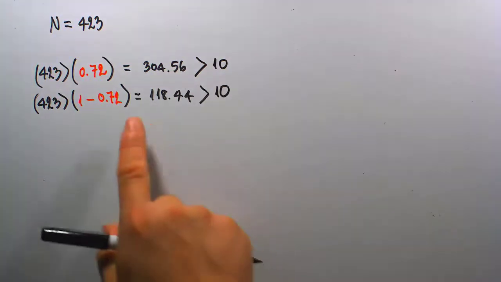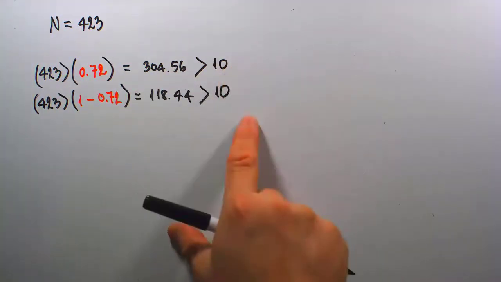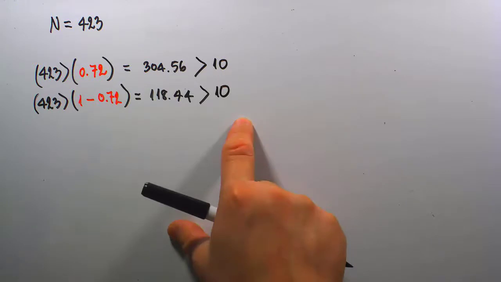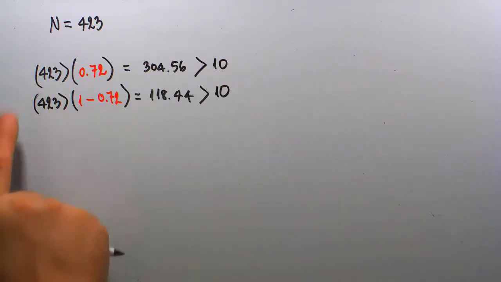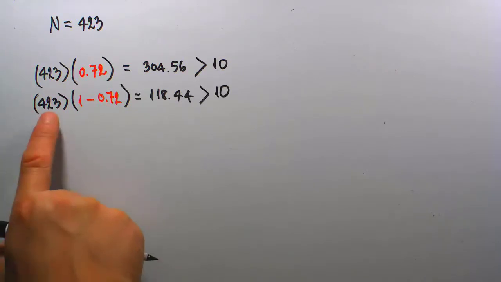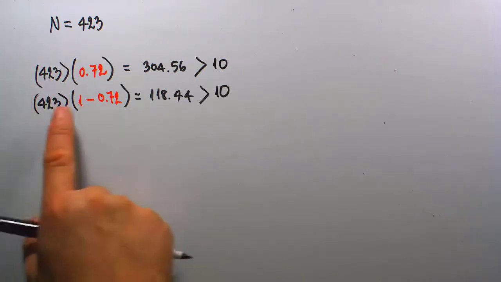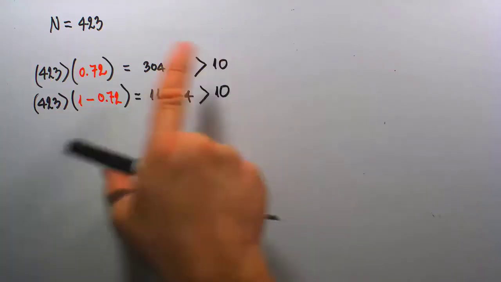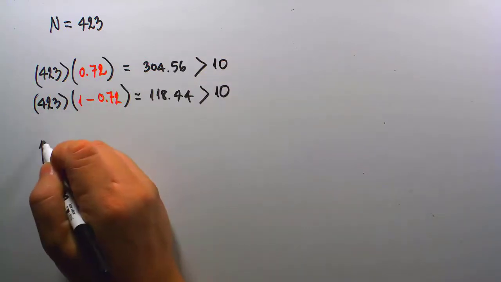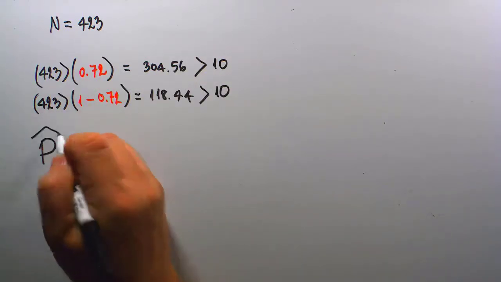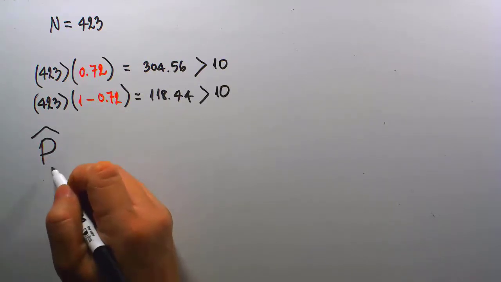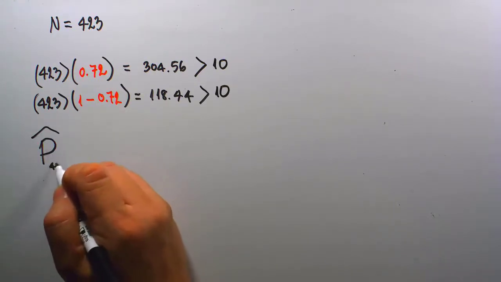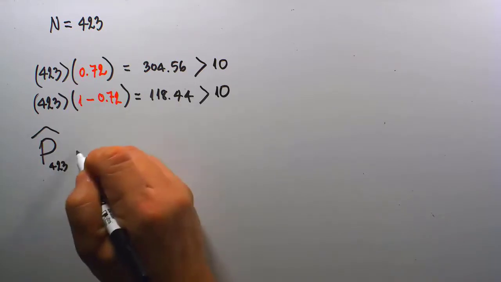So similar to the arguments I've made in the earlier two examples, these two lines here indicate that the sample size we're using passed the requirements to allow our distribution of sample proportion values at size 423 to be on a bell curve.